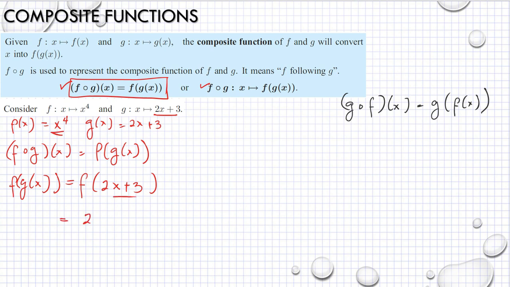So this is our x now, the whole thing: 2x plus 3 raised to 4. That's the composite function of f and g. Now, we'll take a look at the composite function of g and f.